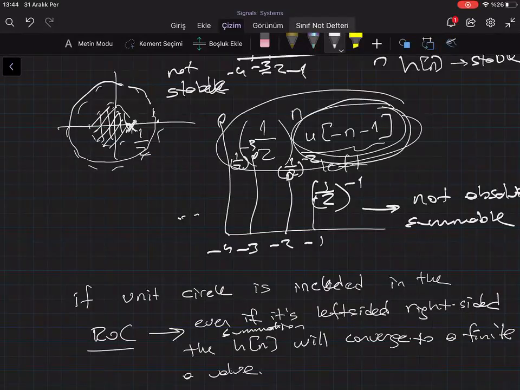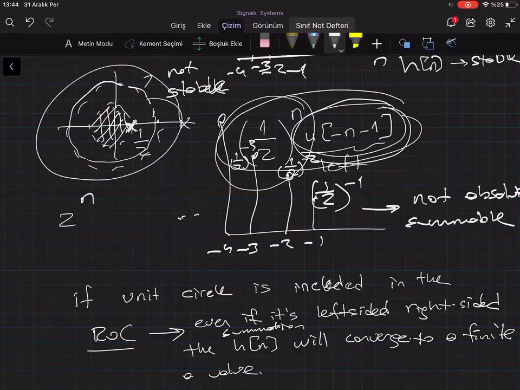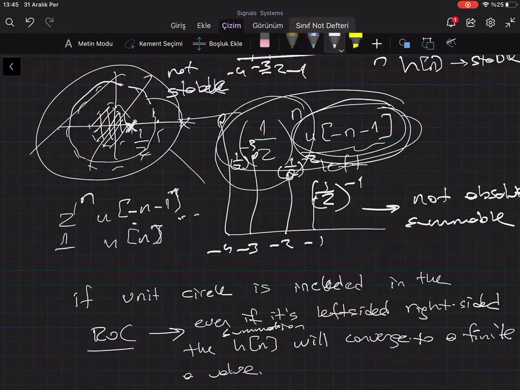If I see the pole here, 1 over 2, it means it's like 1 over 2 to the power n. If I see a pole at 2, it's like 2 to the power n. If I'm shading inside, it's like u of n minus u of minus n minus 1. If I'm shading outside, then I have u of n, 1 over 2 to the power n, if it is shaded outside of 1 over 2.